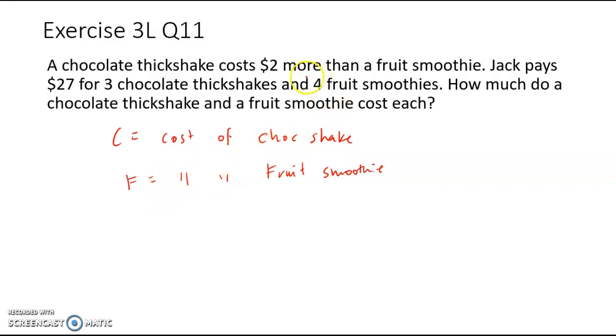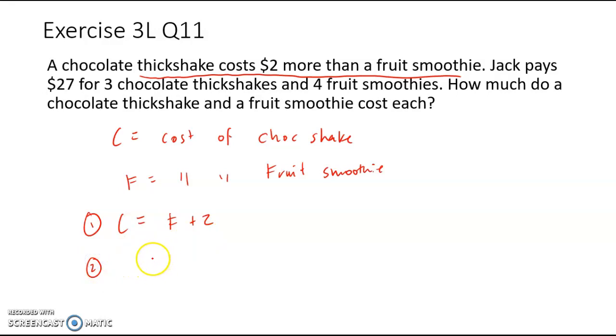And what do we know? A chocolate thick shake costs $2 more than a fruit smoothie. So how would I write that down? I would say that C is equal to F plus 2. That's my first equation.